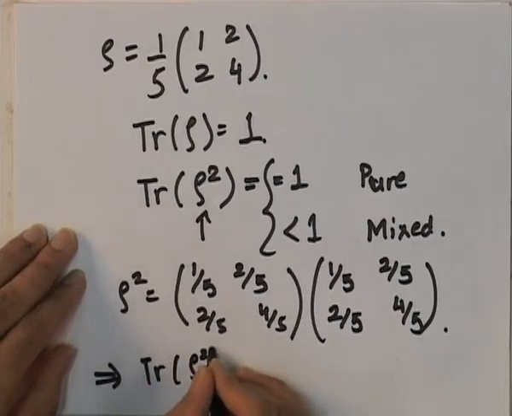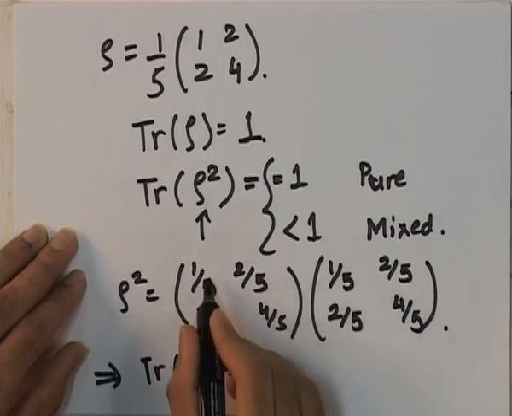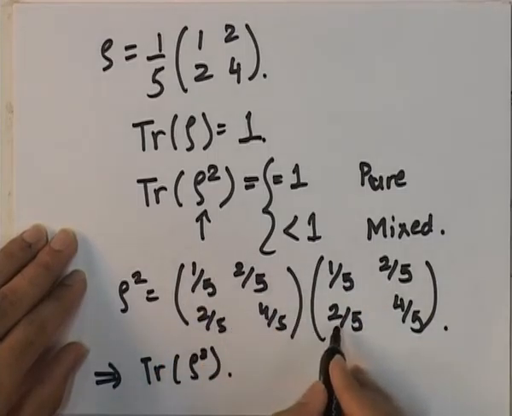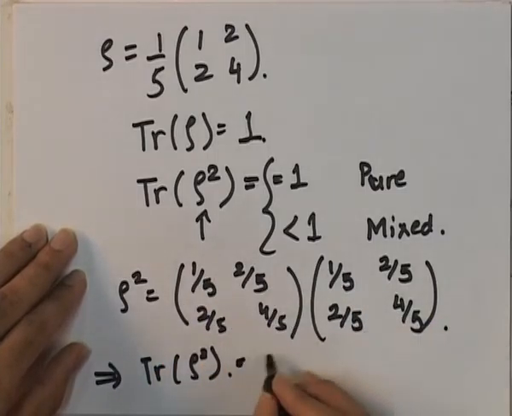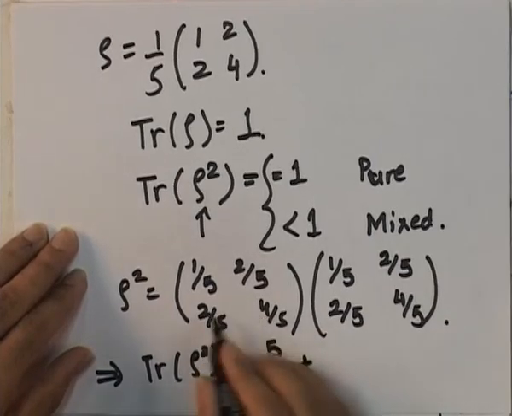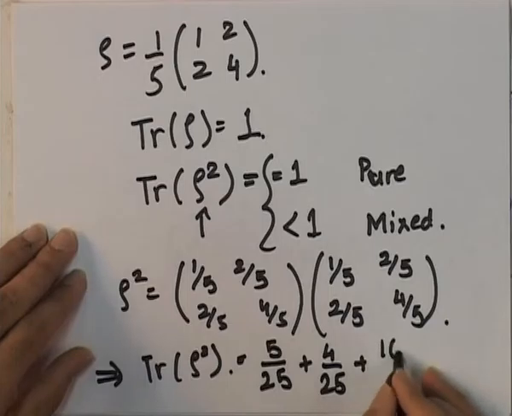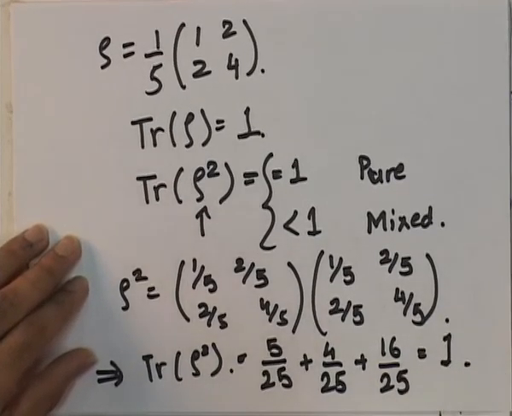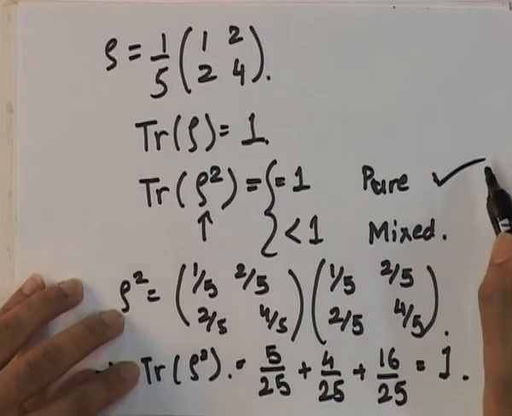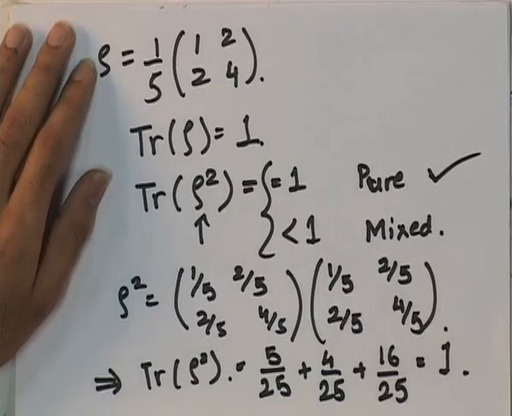For the trace, we only need to consider the 1,1 and 2,2 elements. The 1,1 element is 1 by 25 plus 4 by 25, which is 5 by 25, plus the other diagonal element, which is 4 by 25 plus 16 by 25, which is equal to 1. So the trace is 1, and the given density matrix corresponds to a pure state. So option A is correct.